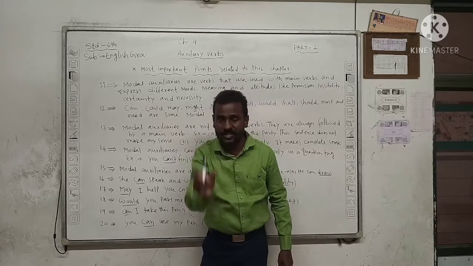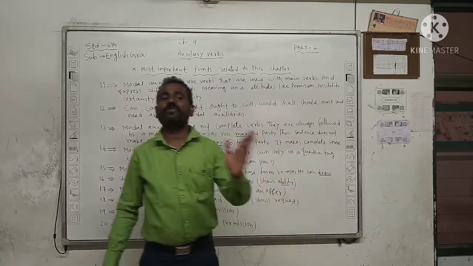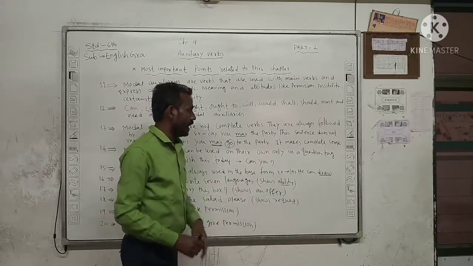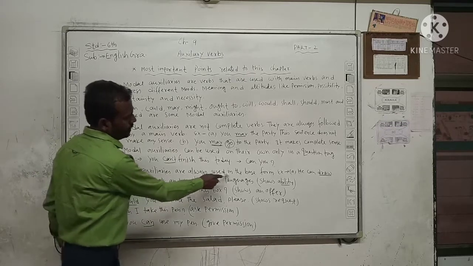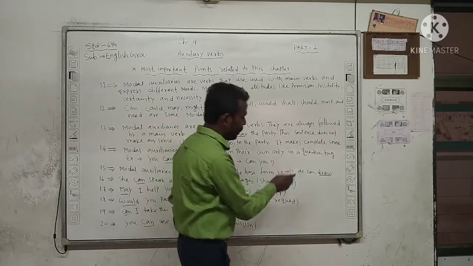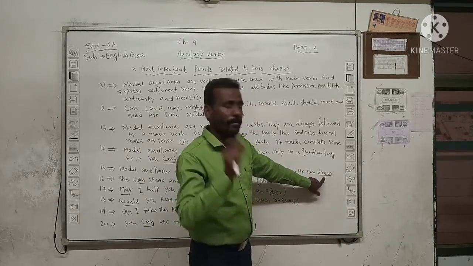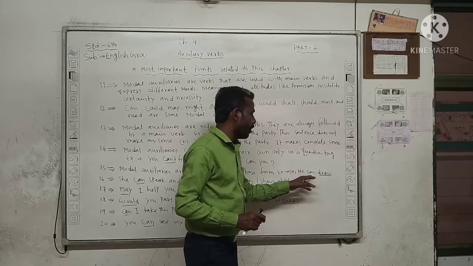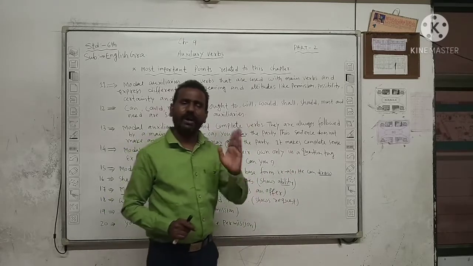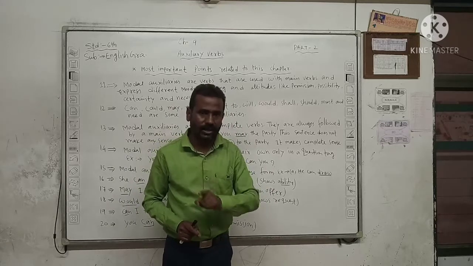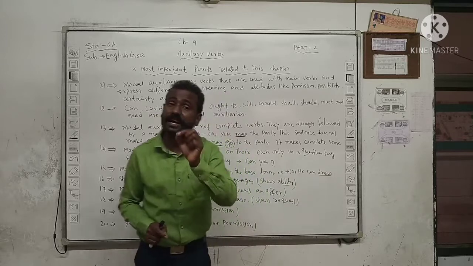So modal auxiliaries are always used in the base form. Example, he can draw. Draw is the base form. मतलब modal auxiliary verb के साथ जो main verb होता है वो हमेशा base form में ही रहता है.